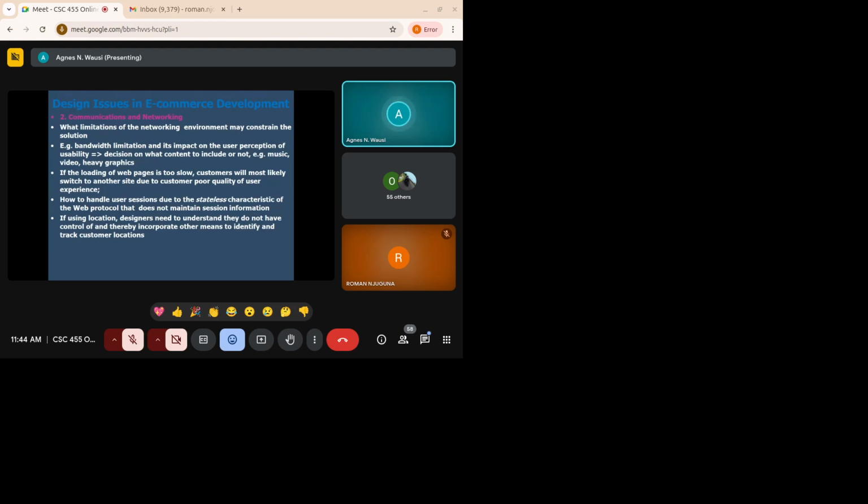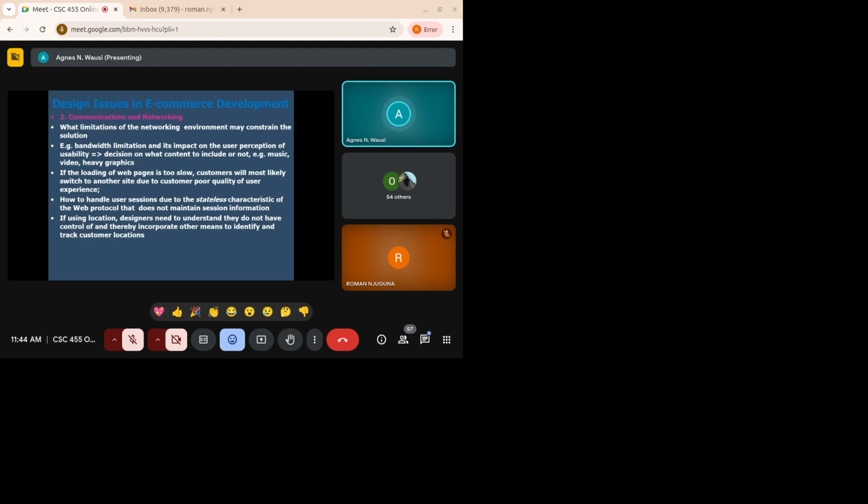But if you are in a place with technologies like 2G, and some of your customers are coming from 2G areas or localities, then you see there's a bandwidth limitation.